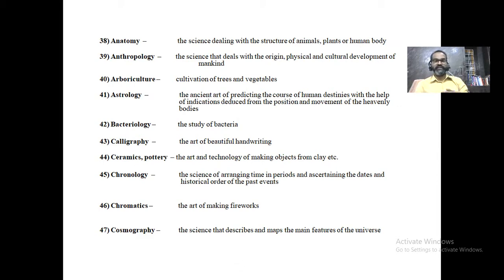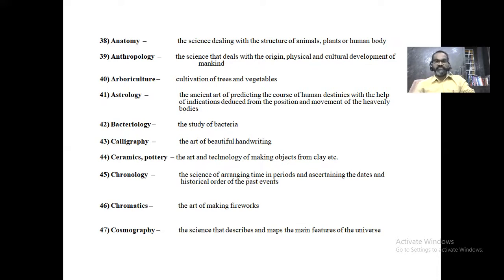You know that it is the art and technology of making objects from clay, especially if you take Rajasthan. Most articles today, when you go to the gift shops, you'll find ceramic kind of gifts. That is called ceramic, the art and technology of making objects from clay. Especially these ceramic potteries are available from Rajasthan.